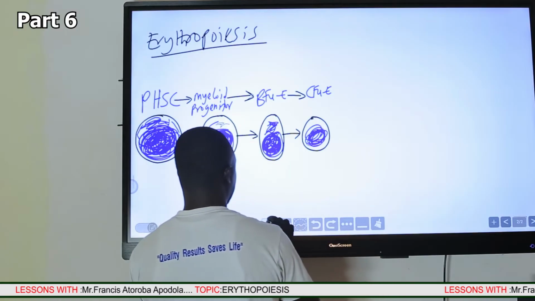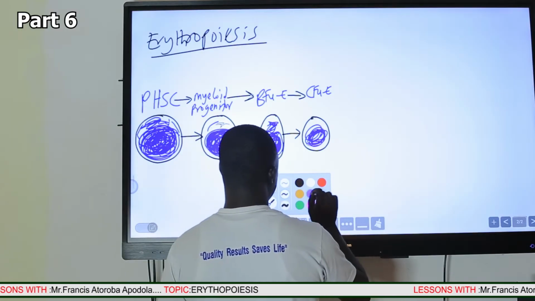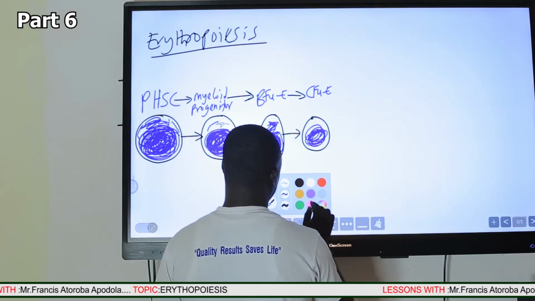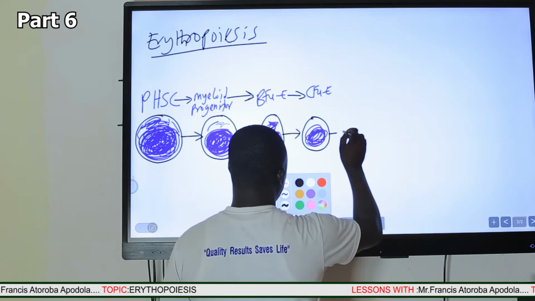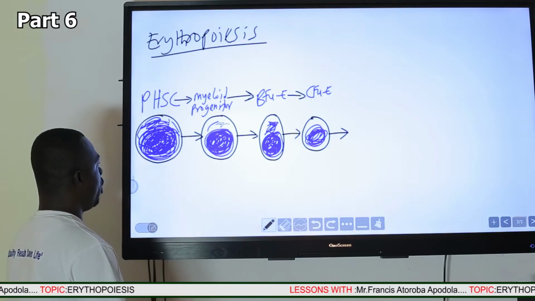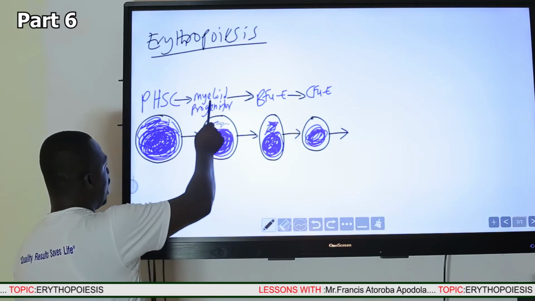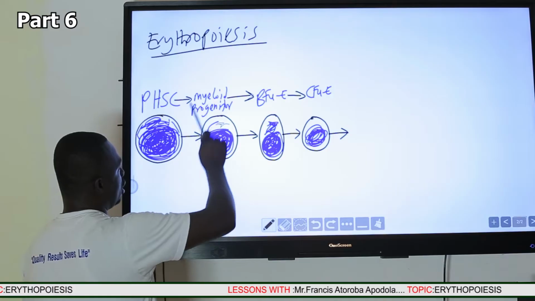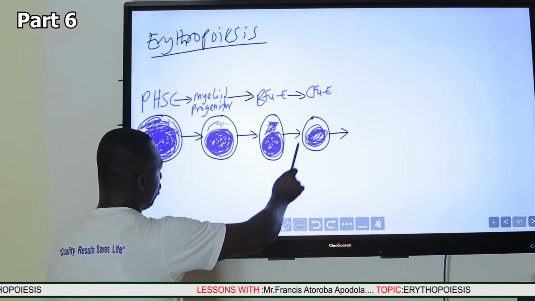Then this colony-forming unit erythroid will undergo further differentiation. You realize that this myeloid progenitor cell has given birth to the burst-forming unit erythroid.